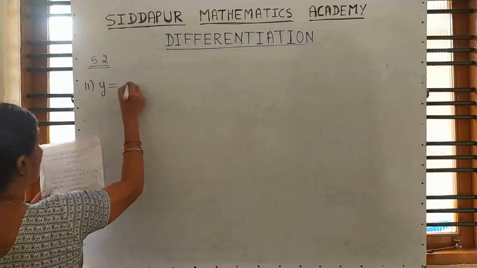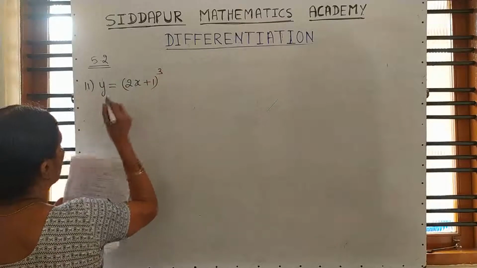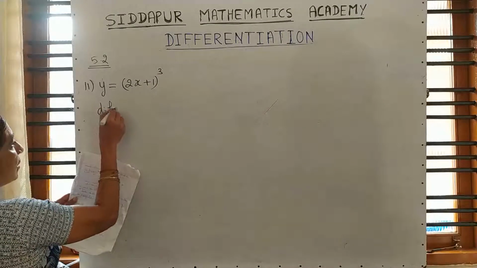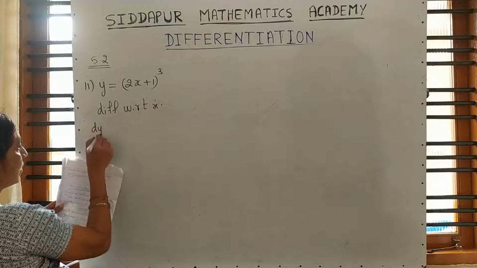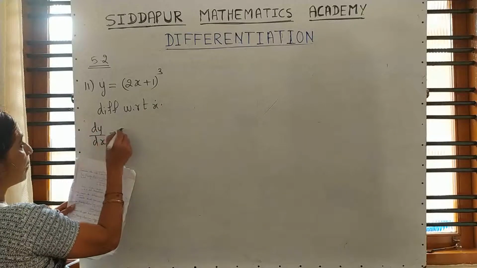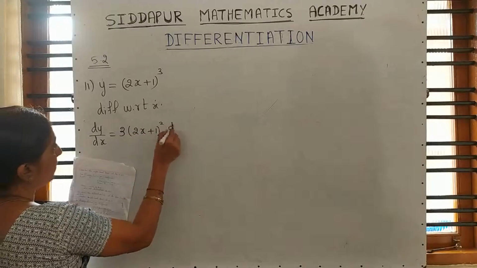Y is equal to 2x plus 1 whole cube. See, differentiating with respect to x. dy upon dx is equal to first power, then base.